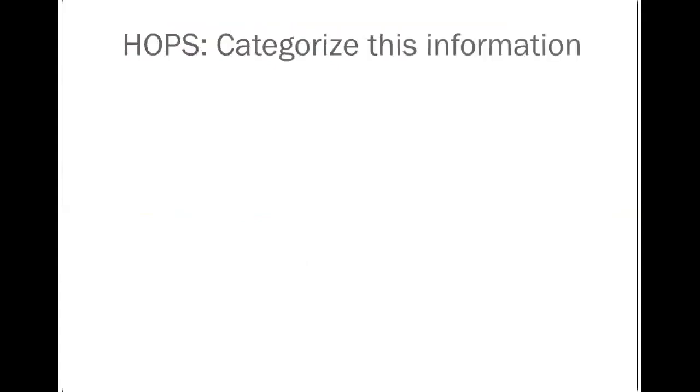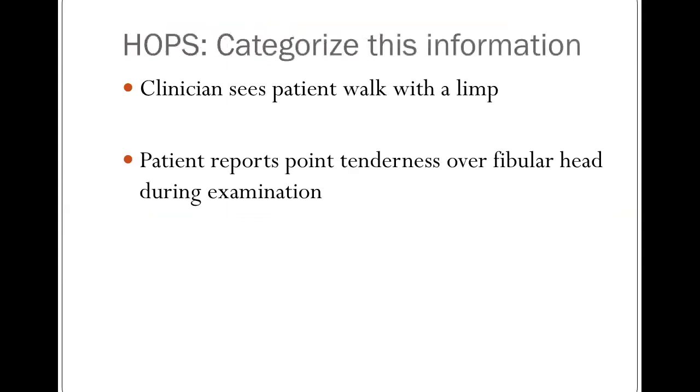But here's what I want you to do. I'm going to put up a little piece of information, and I want you to tell me whether that fits within the history, the observation, the palpation, or the specialized test. So a clinician seeing a patient walk with a limp. That would be our observation, right? A patient reports point tenderness over the fibular head during an examination.